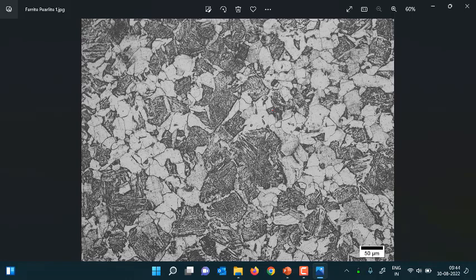So the gray or the black phase that you see, if you take a close look, basically you would see alternate lines or alternate layers or lamellae of these two phases, ferrite and cementite. So the black lamellae that you see in these areas, for example, this particular region over here, if you follow the cursor, here you could see this kind of lamellar structure, right?